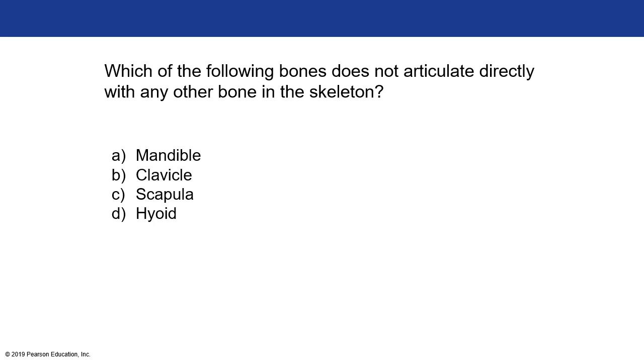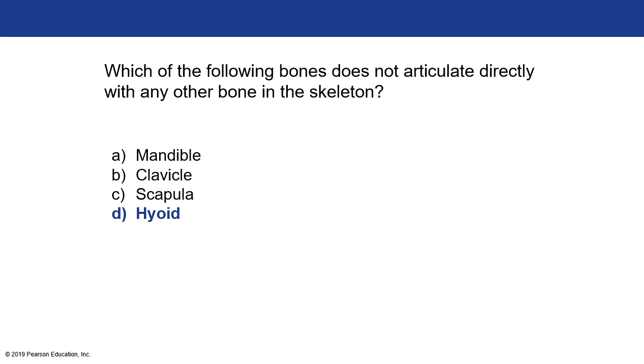Oh, here's another question. Which of the following bones does not articulate directly with any other bone in the skeleton? So this is your hyoid bone, right? I had other people answering other, clavicle, mandible.